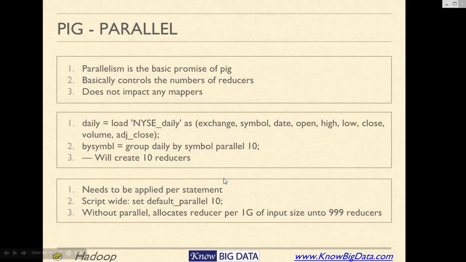In that case also the number of reducers is very large, because the reducers are decided based on the input size and not based on the data that goes into the reducer. Based on the input that comes to the mappers, it will decide the number of reducers if you don't specify the parallel keyword. Am I clear? Did all of you understand the parallel keyword?